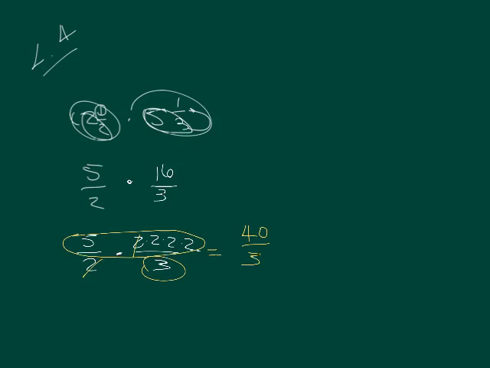It's 40 over 3. And because I started out with mixed numbers, my answer has to be a mixed number. So I go ahead and divide 3 into 40. And I get 13 and 1/3 for my answer, because I want to put it back in mixed number format.